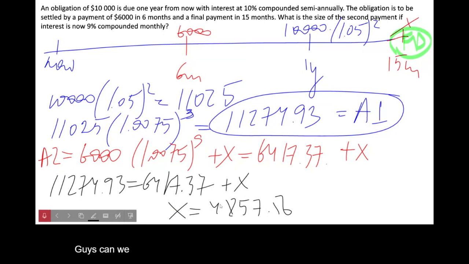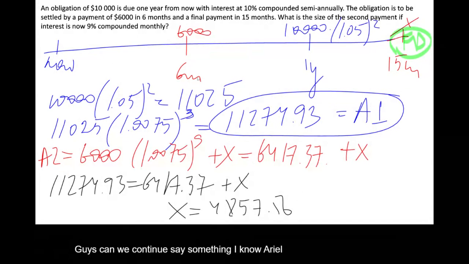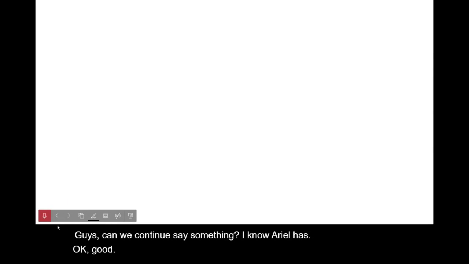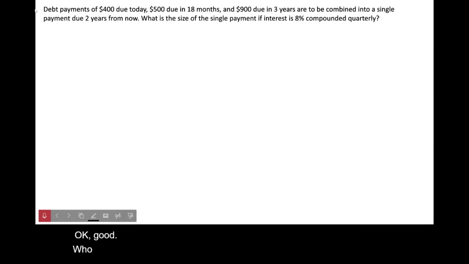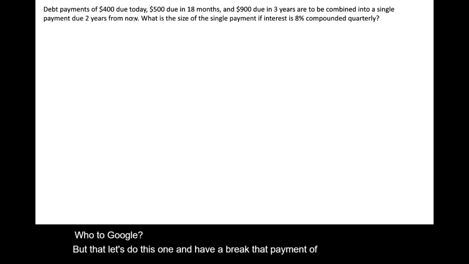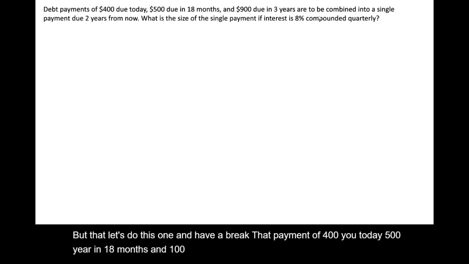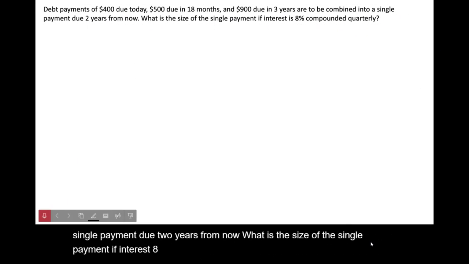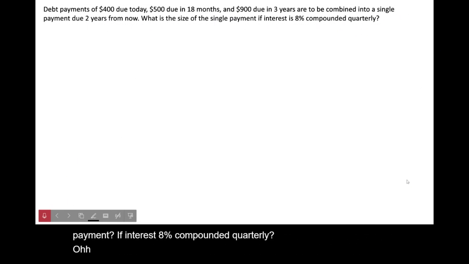Say something. I know Ariel has. Okay, good. Here, let's do this one and have a break. Payments of 4,400 due today, 500 due in 18 months, 900 due in 3 years are to be combined into a single payment due 2 years from now. What is the size of the single payment if interest is 8% compounded quarterly? Let's take 3 minutes and do it. Go ahead.